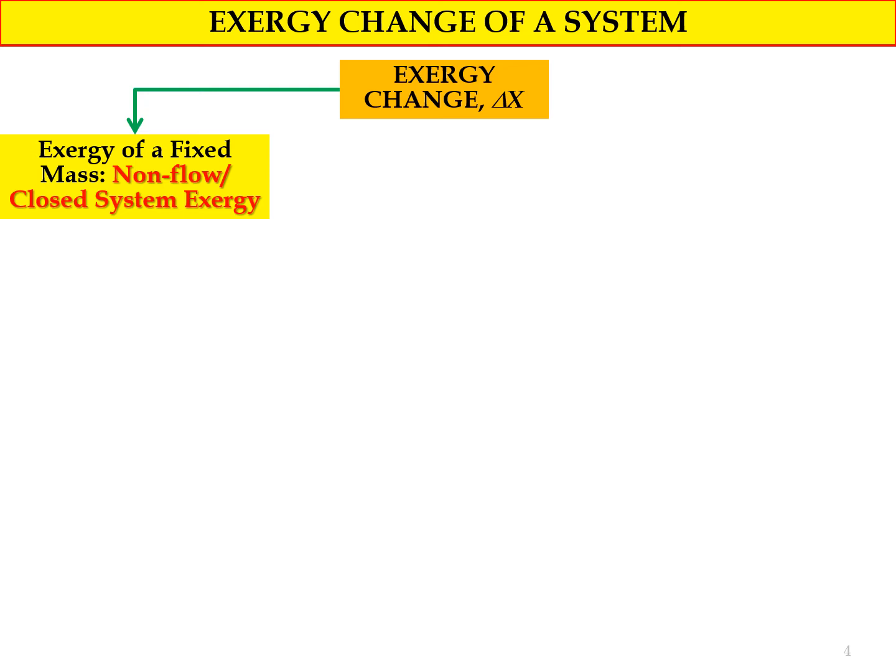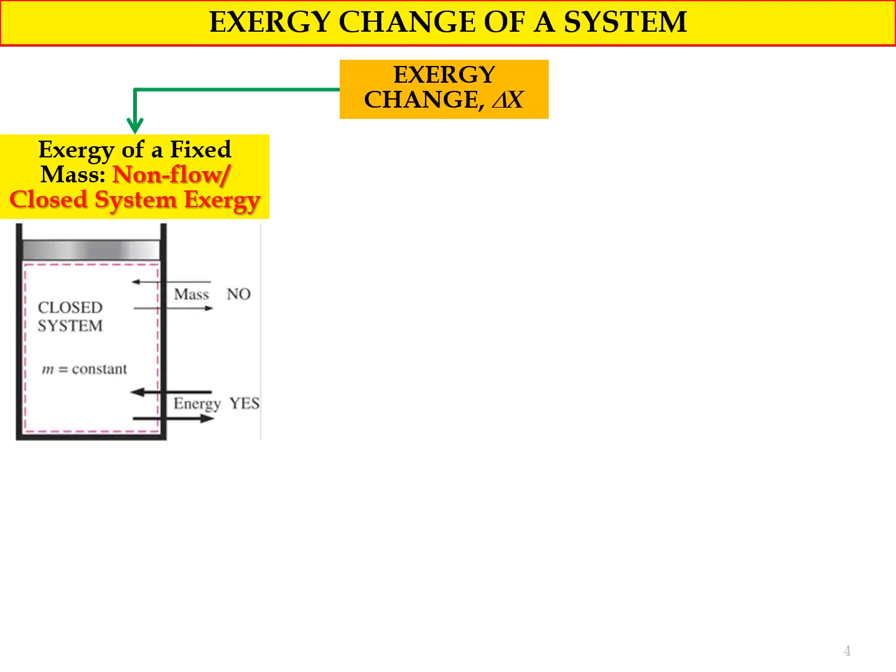system. Now in Exergy, the closed system is called Exergy of a fixed mass, which is referring to the non-flow closed system. So as we all know, in the closed system, there is no mass in and mass out, but there is an energy in and out, and the mass is constant.